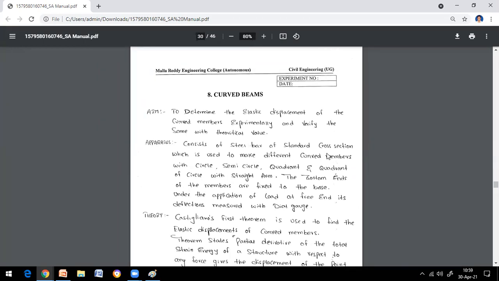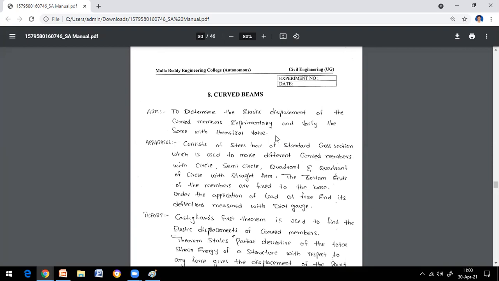So here in the curved beams, what are you going to calculate? Here you are going to determine the elastic displacement of the curved members experimentally and verify the same with the theoretical values. The theoretical values I will show you, and they are going to be verified experimentally by applying the load on the curved beams.